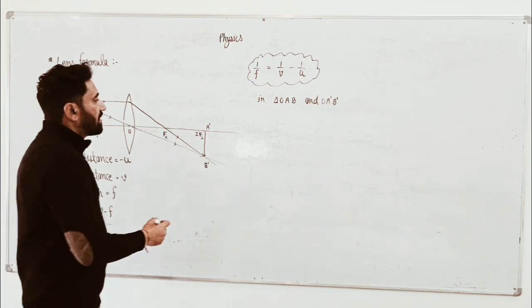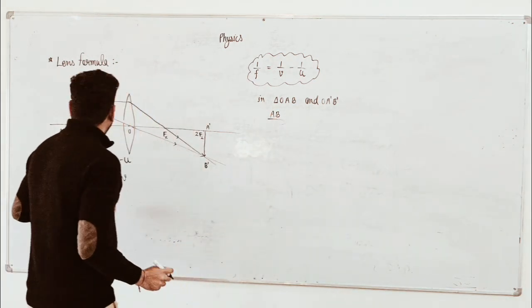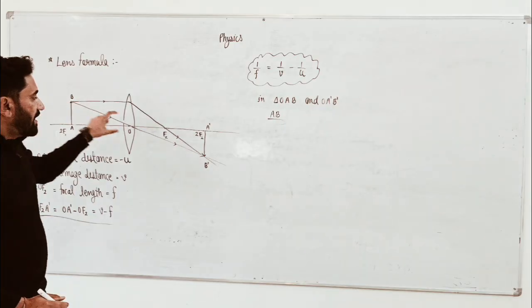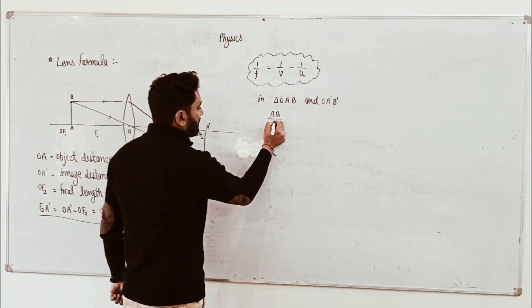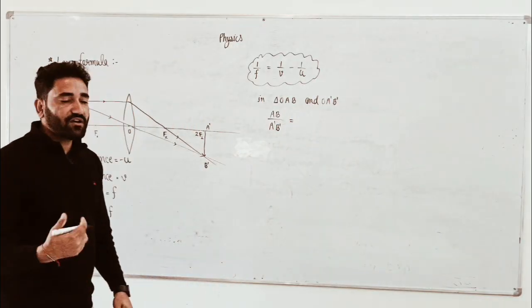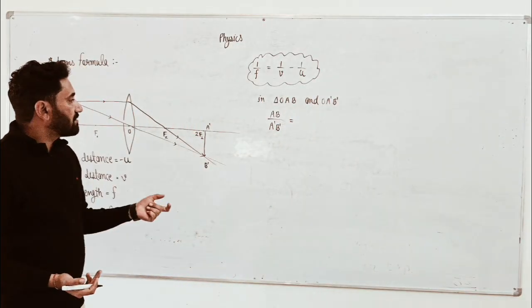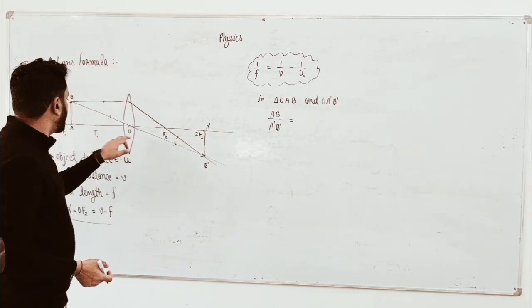So in the first triangle, that is OAB, if we take any one side of it, suppose its AB side, and the second triangle is OA dash B dash. The ratio of any two sides will be equal to the ratio of the corresponding two sides, which we are taking here.